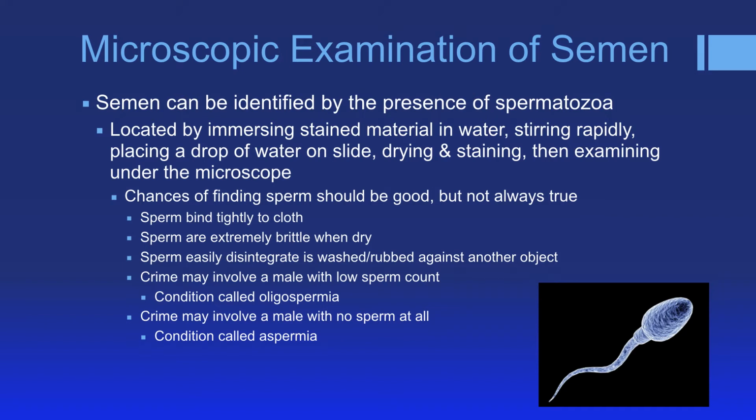Sometimes sperm binds very tightly to cloth. It can also be extremely brittle when it's dry, and it could disintegrate. It can also disintegrate if it's washed or rubs against other objects. And crimes may involve a male with a low sperm count, a condition called oligospermia, or a man with no sperm at all, which is called aspermia.